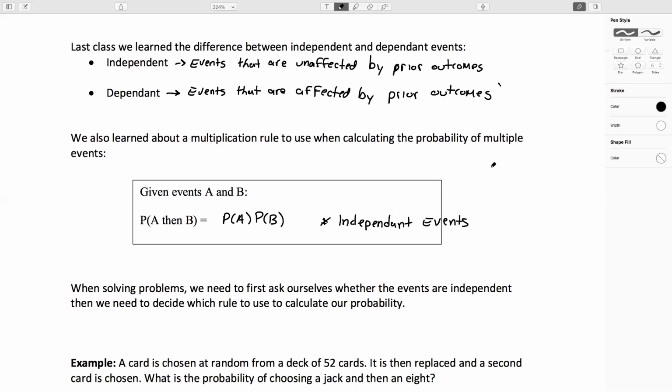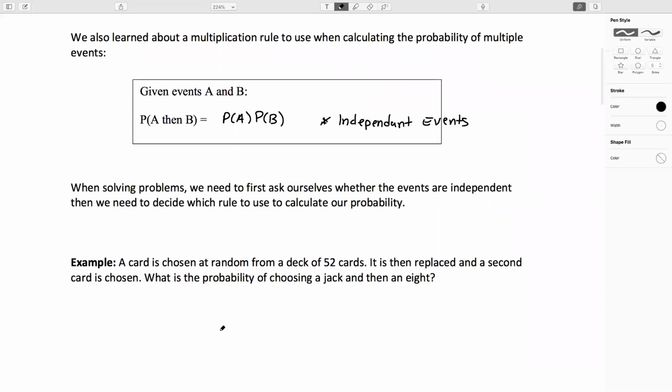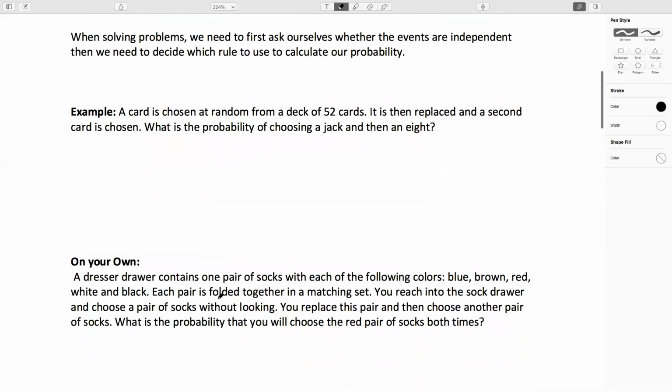We learned last class that if they're not independent, this is probability of B given A, and that's the only real difference. So in solving problems, we need to first ask ourselves whether the events are independent. Then we need to decide which rule to use to calculate our probability.